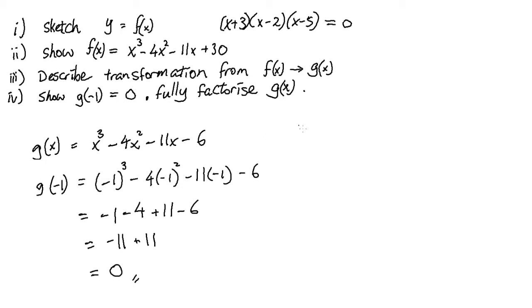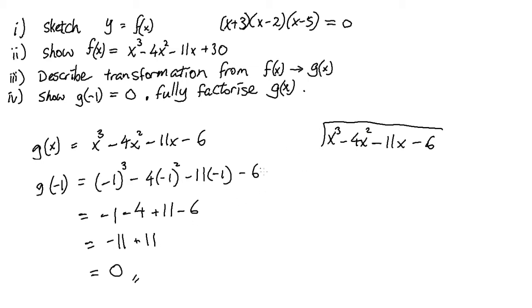In order to factorize an expression, you will have to use the vertical division method. So x cubed minus 4x squared minus 11x minus 6, everything divided by the solution, and we need to find at least one root.